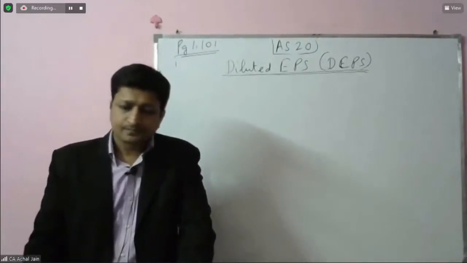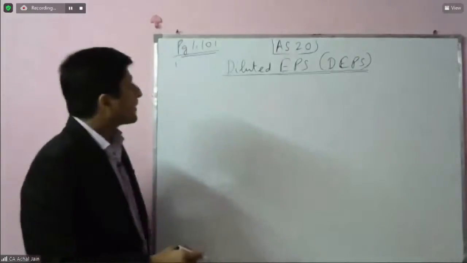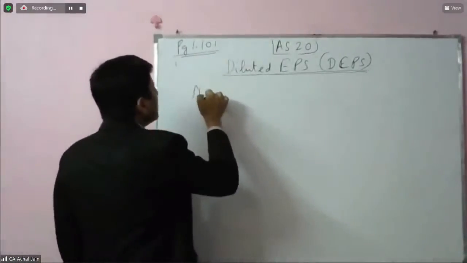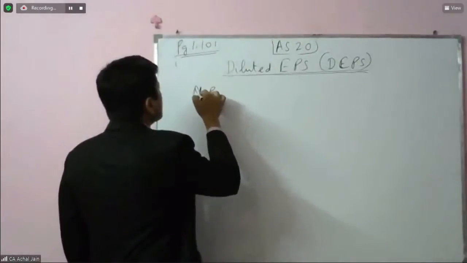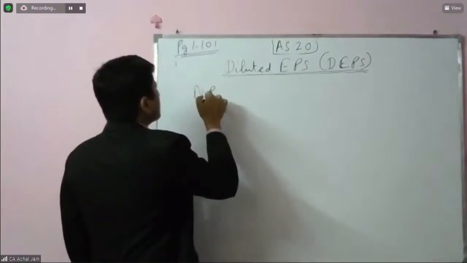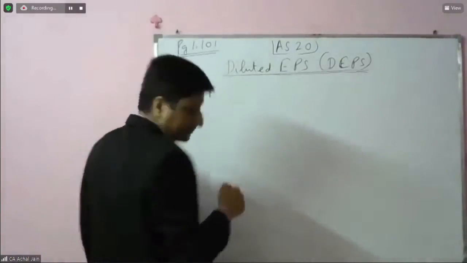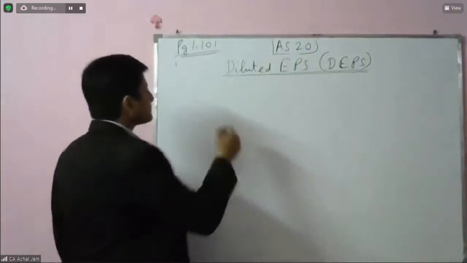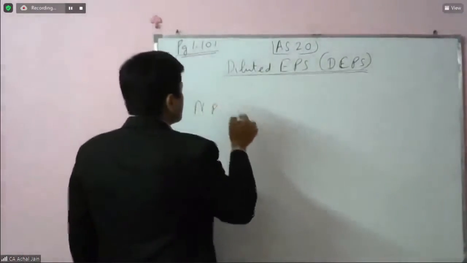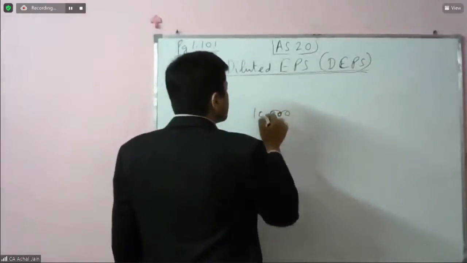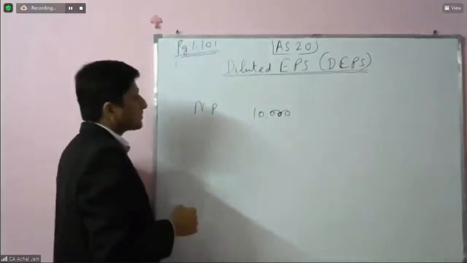Okay. So say for example, net profit was 10,000.